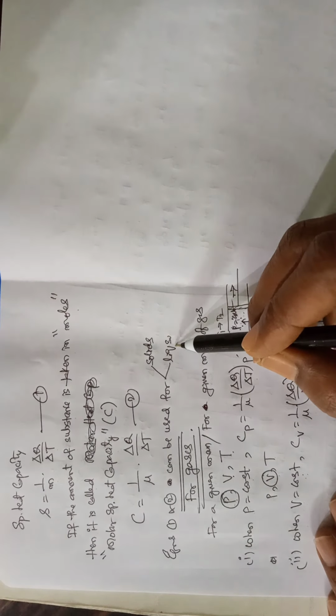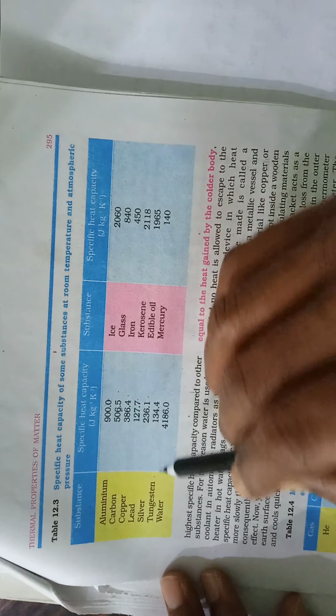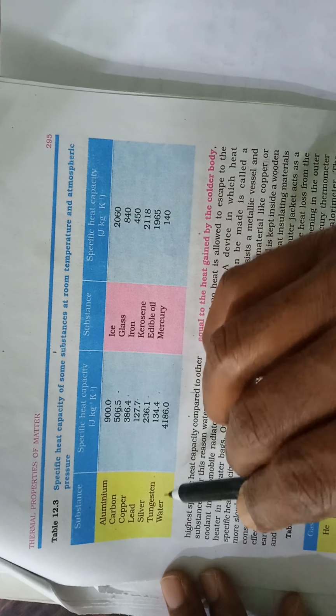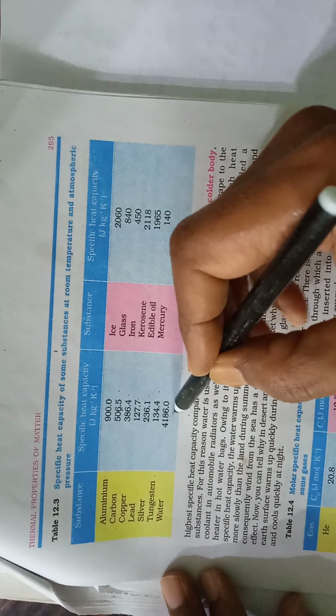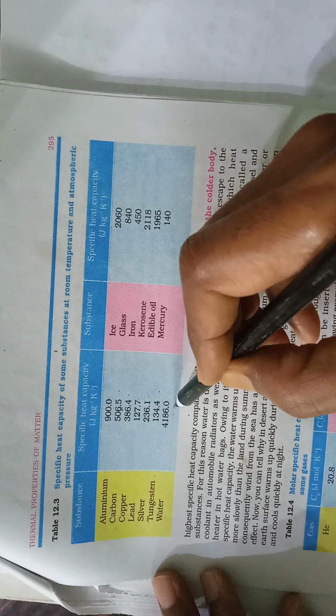Now let us look at the specific heat capacity values of some of the substances. Specific heat capacity, joule per kg Kelvin. Aluminium 900, carbon 506, copper 386, lead 127, silver 236, tungsten 134, water 4186.